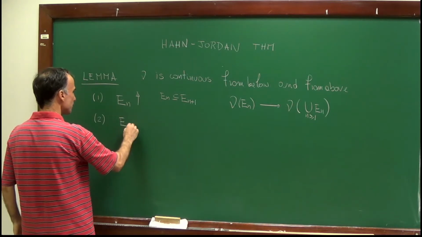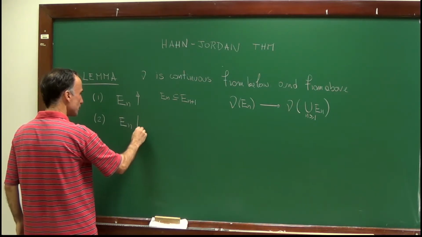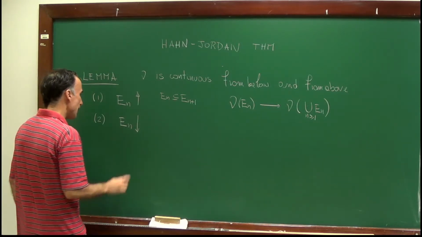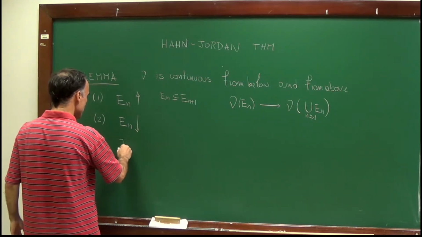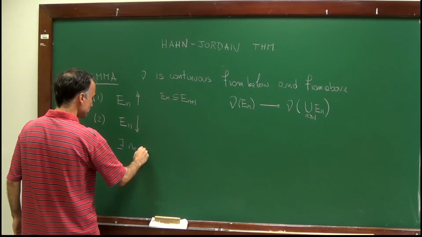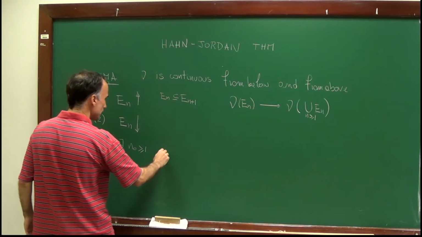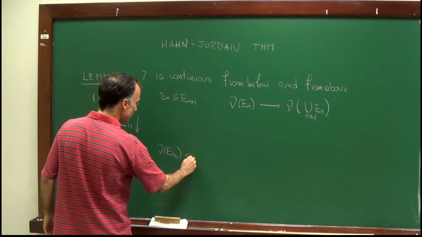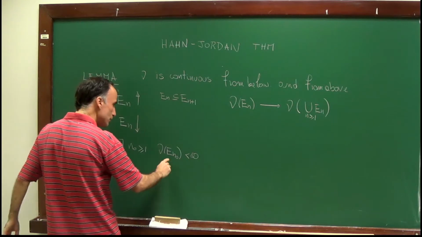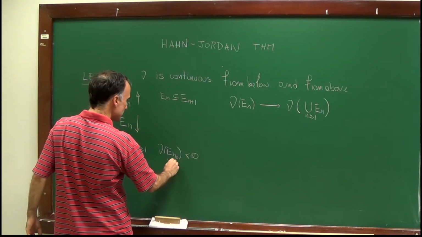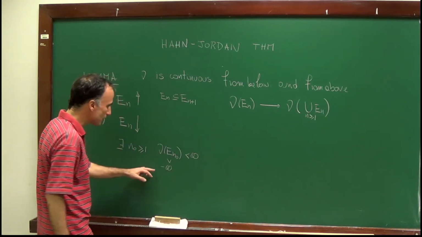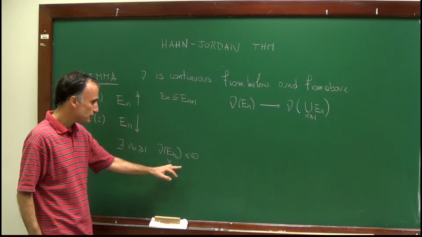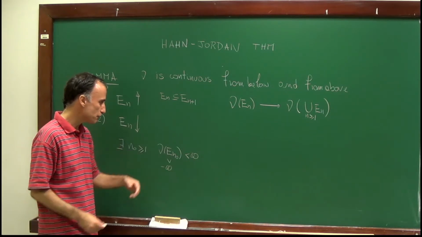Continuity from above is similar. So now we take a sequence En which is decreasing, and we assume that there exists N0 such that nu of EN0 is finite. So remember that nu is always bigger than minus infinity because we are assuming that nu does not take the value minus infinity, but it may take the value plus infinity.